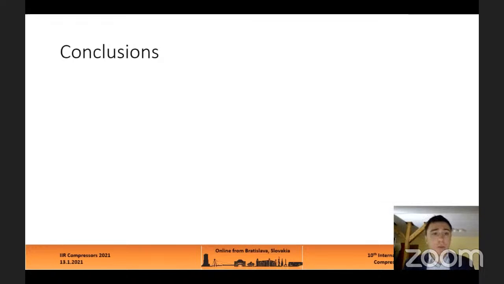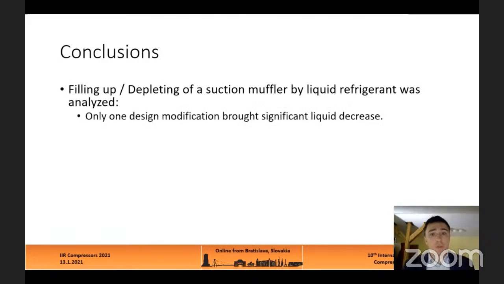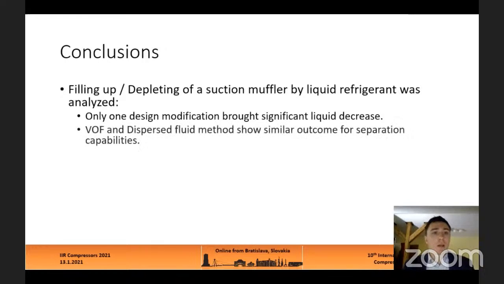So to conclude the presentation, we have a few points to mention. First of all, we were able to analyze the filling up process and depleting process of a suction muffler by a liquid refrigerant. And based on the results, we were able to say that only one design modification is able to help with the liquid separation in the suction muffler.